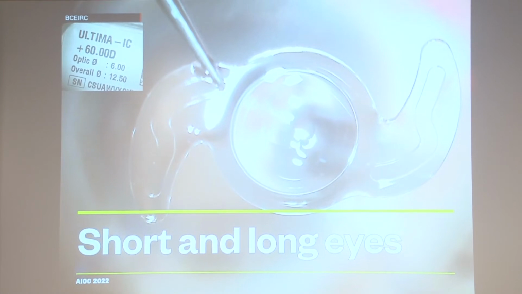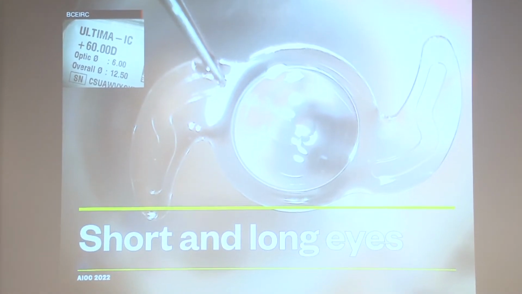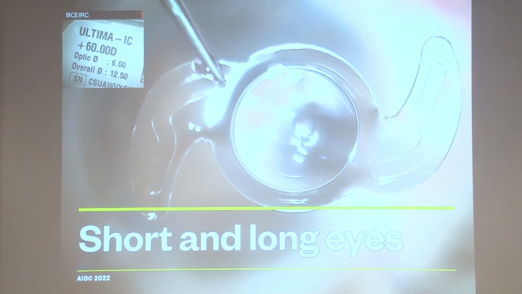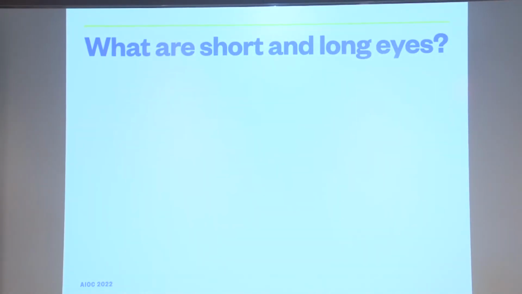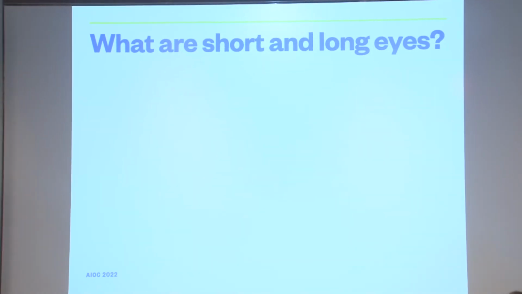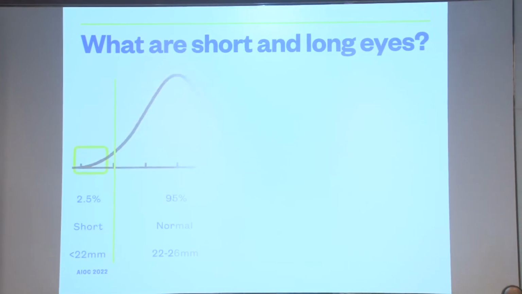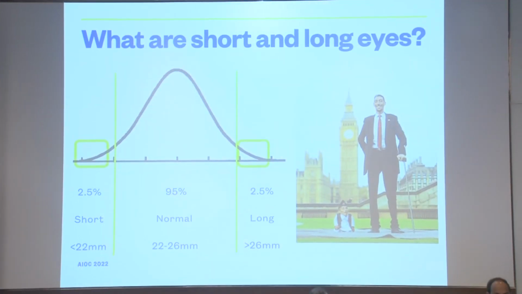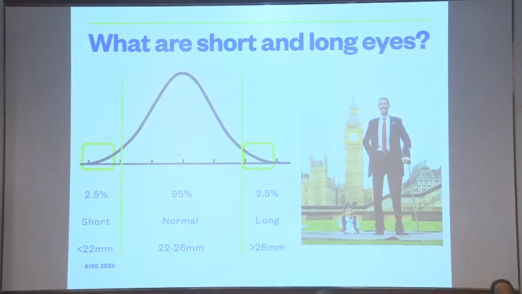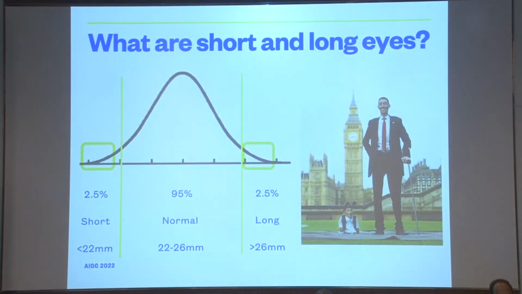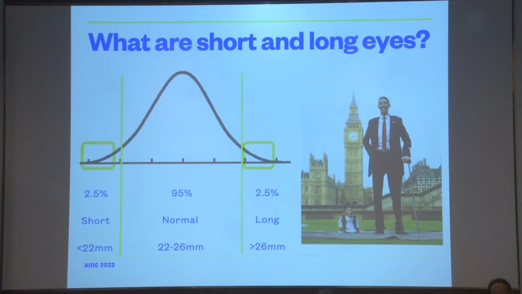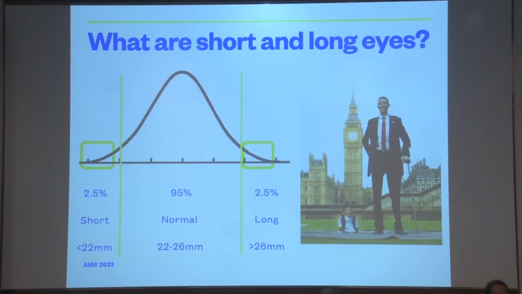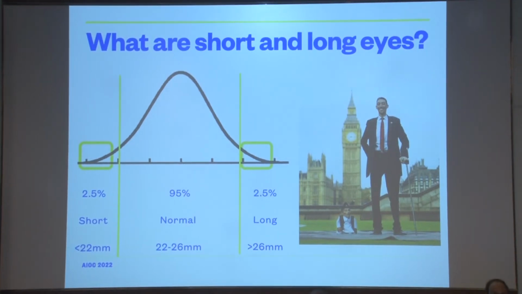So I divide my talk into two parts. One is about short and long eyes, and the second one is about post-vitrectomy eyes. Now, coming to short and long eyes, what are short and long eyes, first of all? Well, we all know the bell curve, and 95% of us, the so-called normal, will fall into the normal category, and on either of the two ends are the 2.5% and 2.5% of the extremes.